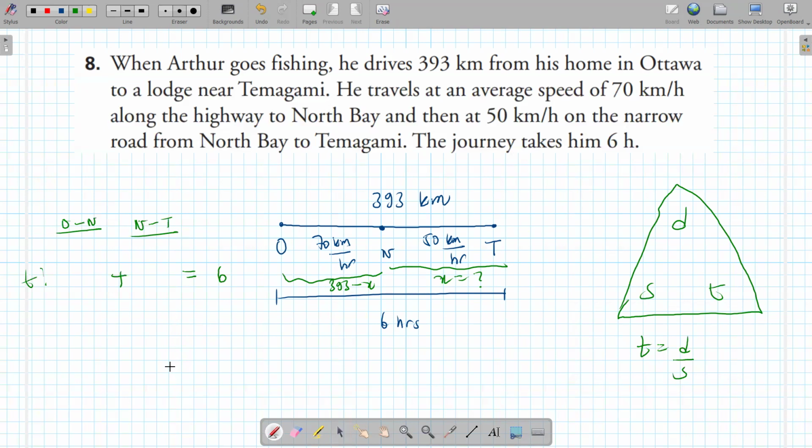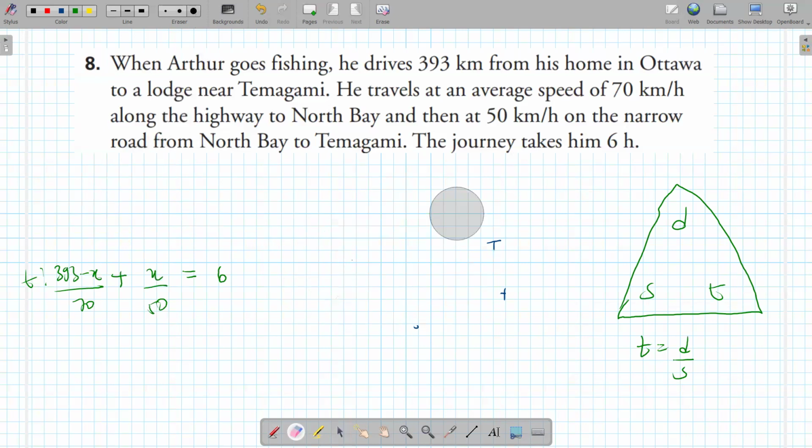It's (393 minus x) over 70. And similarly, the other one would be x over 50. And we're solving for x, that's the question. So we have a linear equation, again, looks weird and complicated, it's really not.